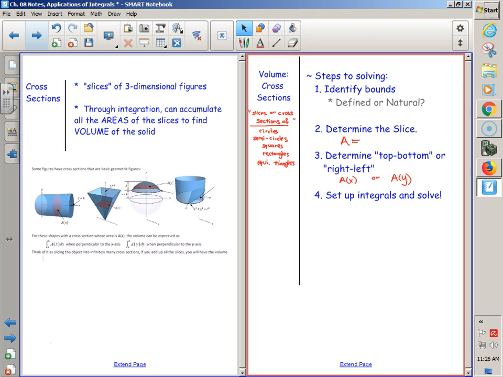But anyway, we have to determine the slice, and to determine the slice, we have to think about the figure, think about the geometry behind it, but it shouldn't be too much harder than what's the area of a square, what's the area of a circle, what's the area of a semicircle. The worst it gets is an equilateral triangle. You could be super snazzy with special ratios, and 45s and 30s and 60s and the ratio between them, or you could just Google it and say, what's the area formula?